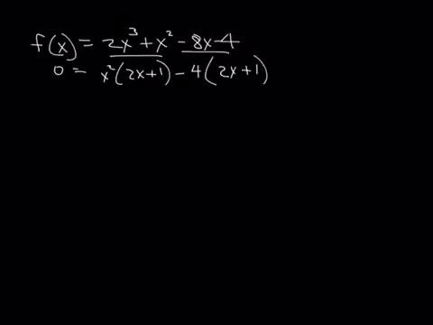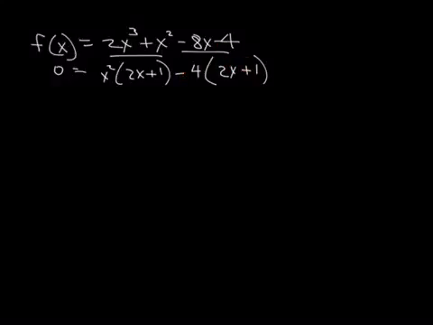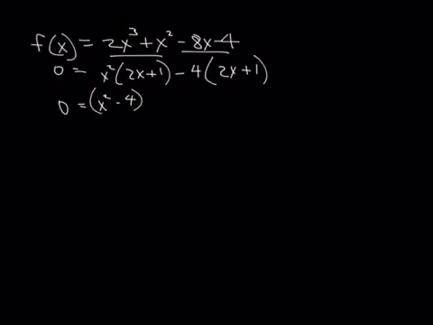And notice that and that are the same. And again, remember when you factor out that 4, that negative has got to change to a positive so that when we put it back in, it gives me my negative 4 back. So just some things to focus on as you're doing this. Giving me 0 equals x squared minus 4 times 2x plus 1.